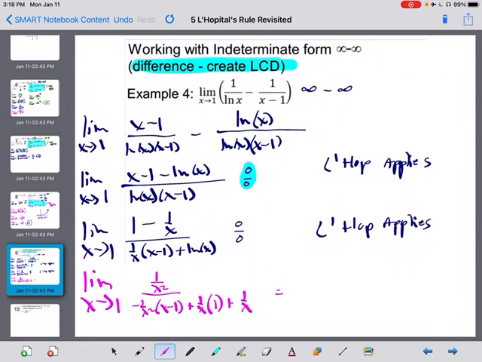Numerator is going to give me 1. Denominator is going to give me negative 1 times 1 minus 1, plus 1 over 1, plus 1 over 1. Hopefully you should see that that equals 1 over 2. All right, and that is the answer for that one.